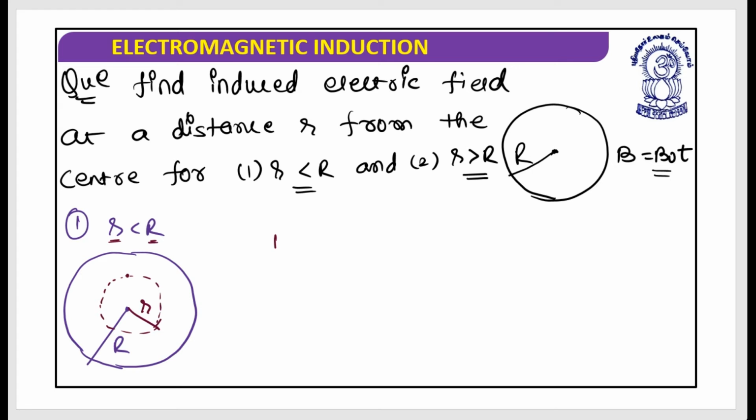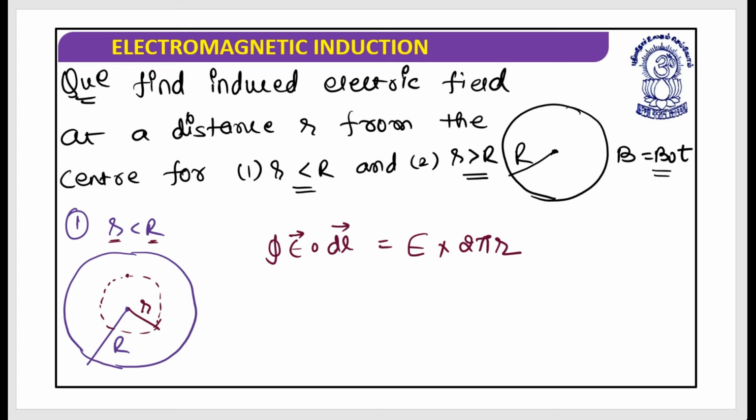My first task is the line integral of E dot dl, which equals E multiplied by 2 pi r. I hope this is clear.